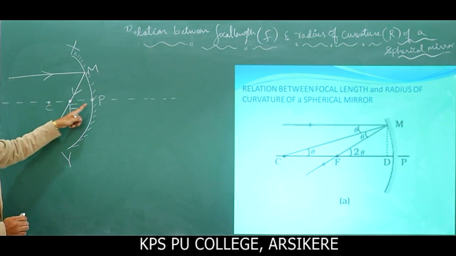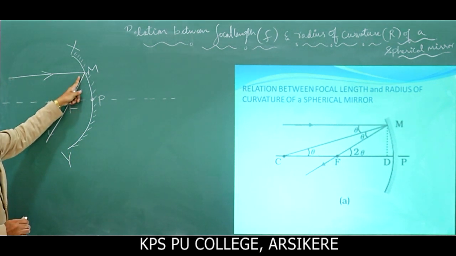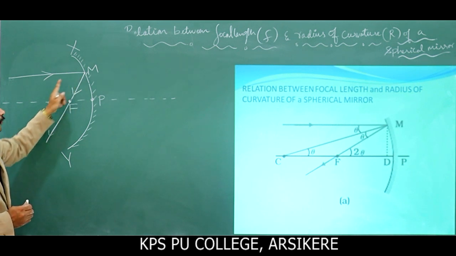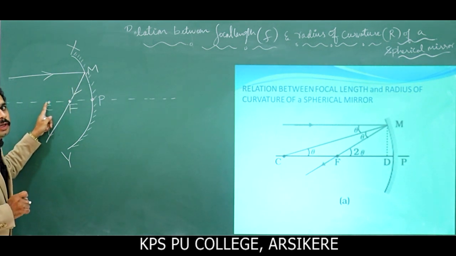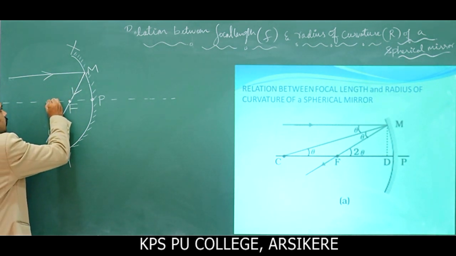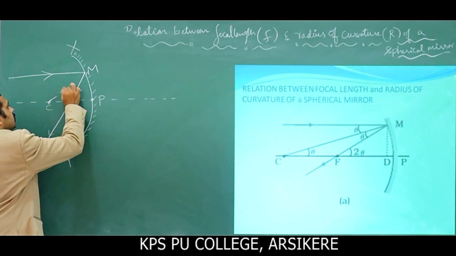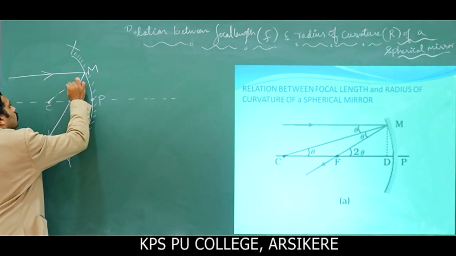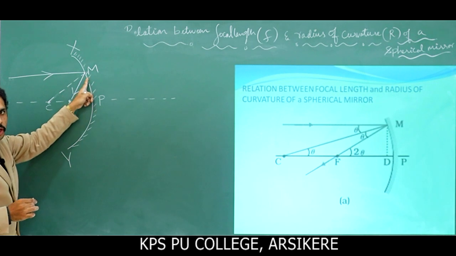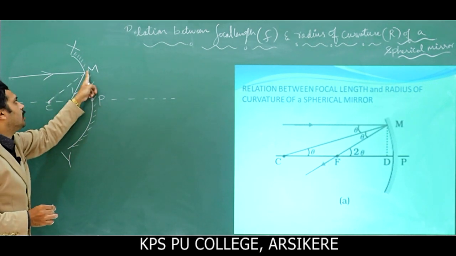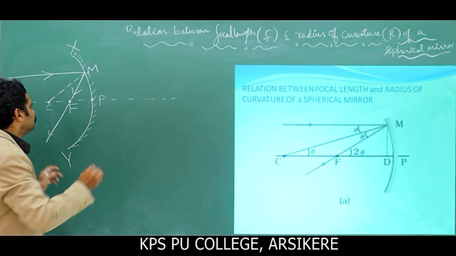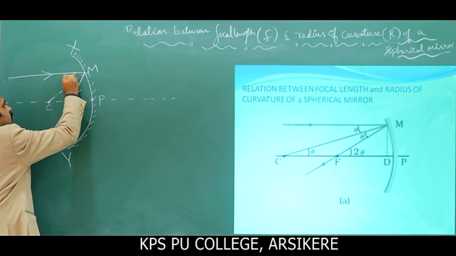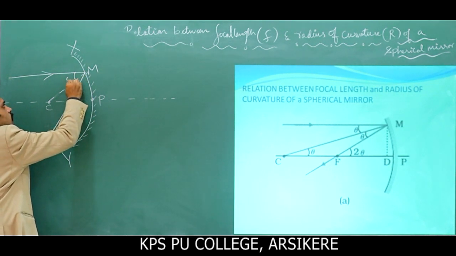Here we don't know the angle of incidence and the angle of reflection. That's why I am going to draw the normal. Now CM is the normal. Normal means perpendicular to the surface. Now this angle is theta.